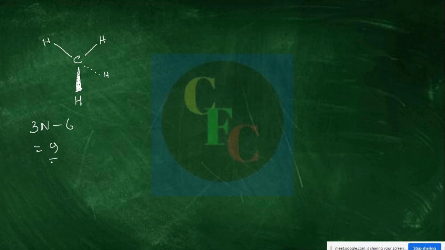So there are 9 vibrations. We will not consider all the vibrations here, but see what we can see, just what we have learned here, this symmetric stretch and all that you can usually visualize. We just see these extra vibrations. See, the symmetric stretches will be along these bonds. You can easily see these bonds. If it vibrates like this, there will be symmetric stretching, right?